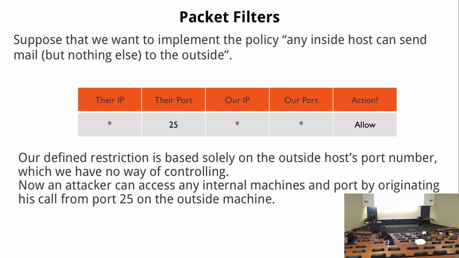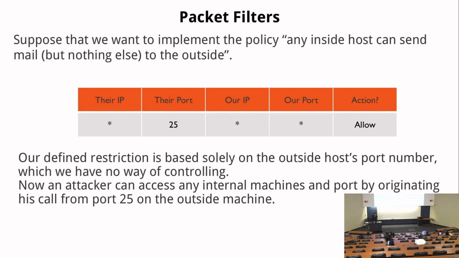So this is a simple way to implement this, and this is only based on the destination port number. And actually, we do not have any way to control the source port number.